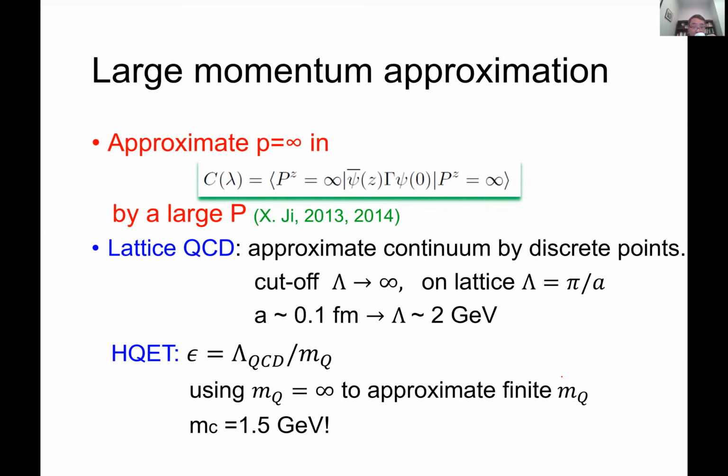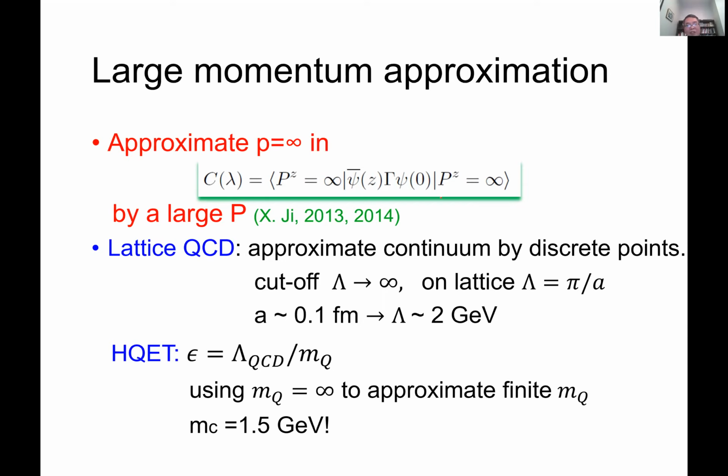So the observation is that I'm looking at an equal time correlator in infinite momentum states, and infinite momentum is hard to achieve, but I can achieve a large momentum, and I can approximate this by a large momentum. This kind of practice is in fact being used frequently by field theorists. For example, lattice QCD.